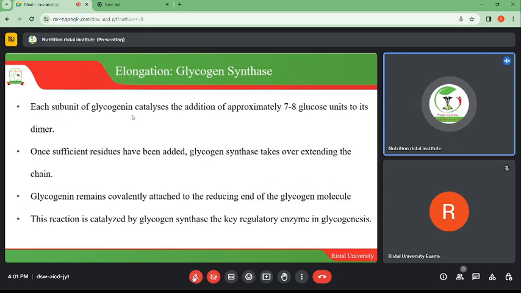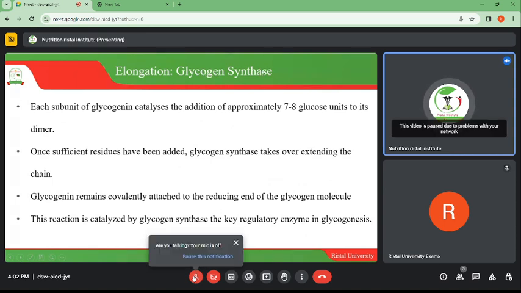So for addition of more of this other glucose, for this chain to continue elongating itself up to the longest chain that biologically the system can contain, that is about 7 to 8 glucose units in just one chain, that elongation is taken over by what you call the glycogen synthase.